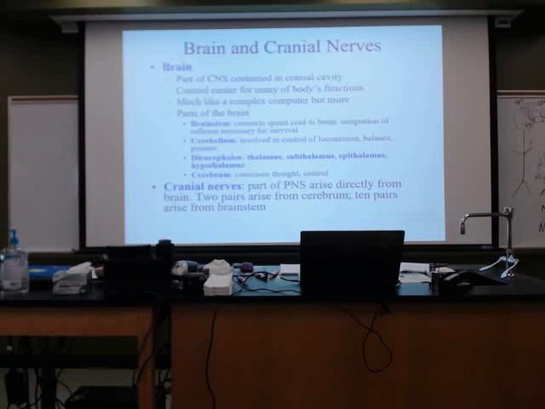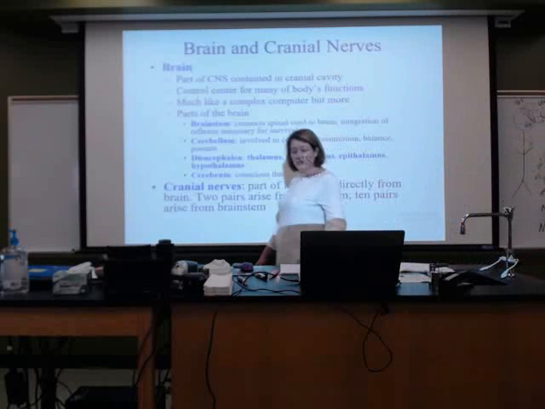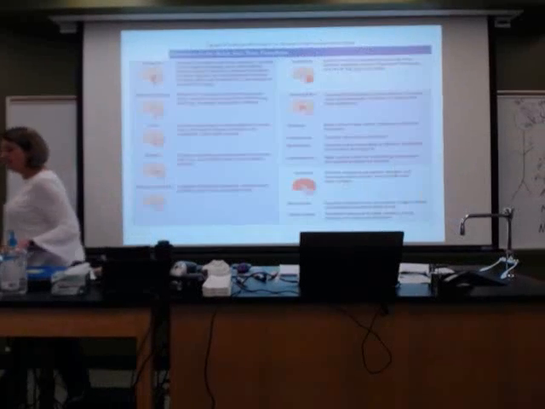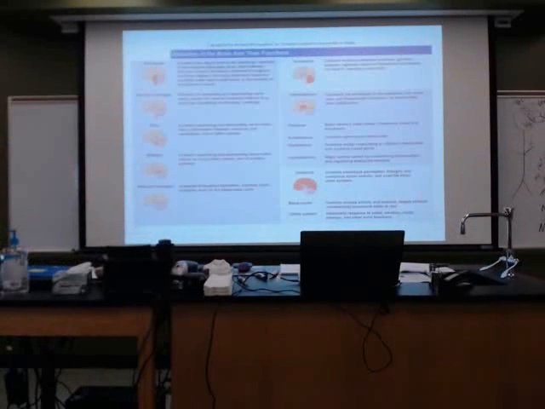We get 2 pair from our cerebrum, 10 from the brainstem. Go figure. 10 pairs are from the primitive area of our brain. Only 2 from the higher order thinking. And you'll see that what they're involved with are functions that are maintaining homeostasis.